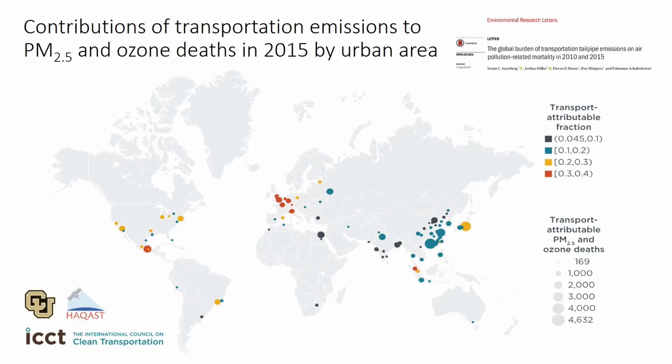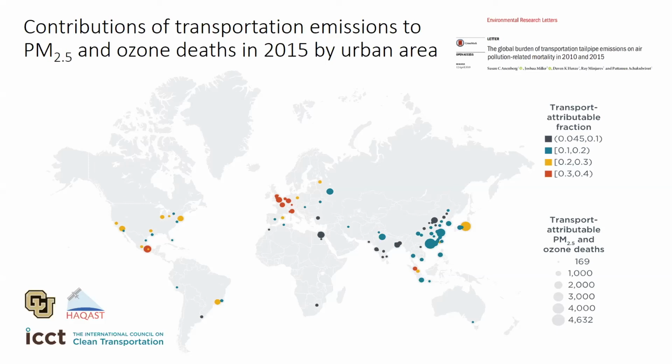But the color of the bubble shows the transportation attributable fraction. That is the fraction of air pollution related mortality that's attributed to transportation tailpipe emissions. And here we see the red colors in Europe and in Mexico City. These are cities where the largest fraction of ambient air pollution related mortality is coming from transportation.